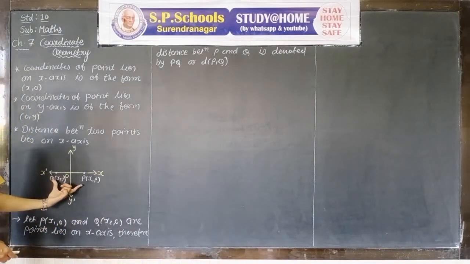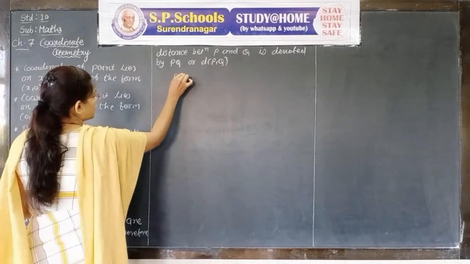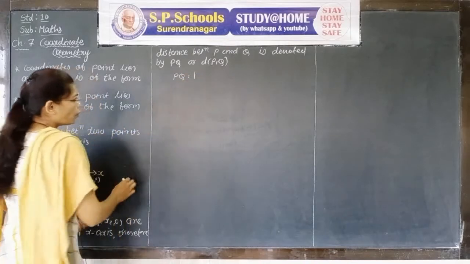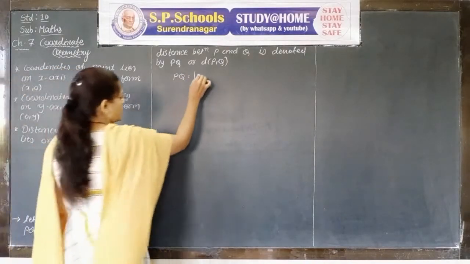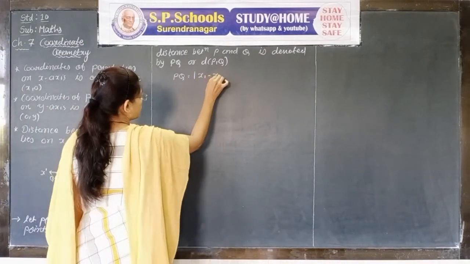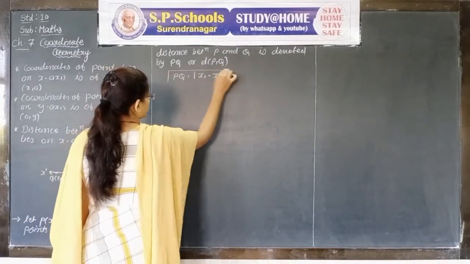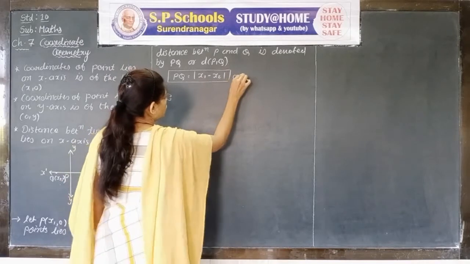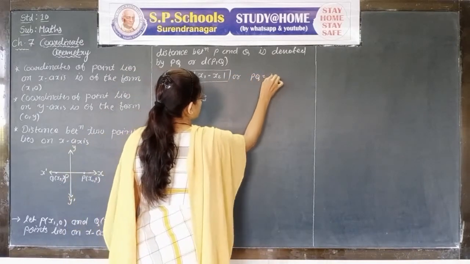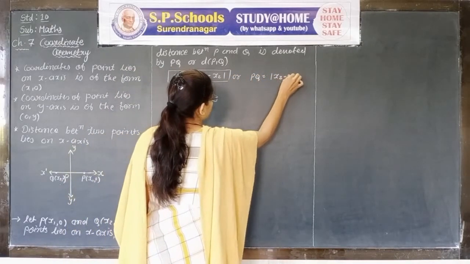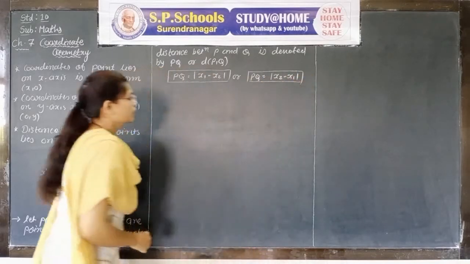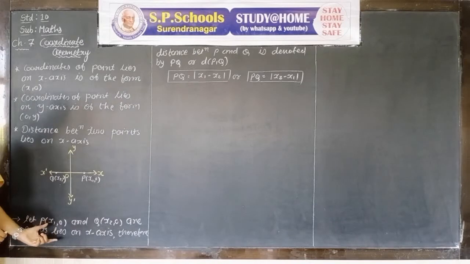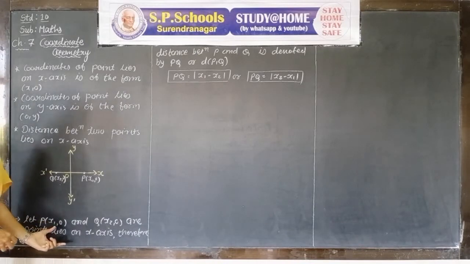The distance between these 2 points PQ is equal to the mod of the difference of the x coordinates, |x1 minus x2|. Or you can also write PQ equals |x2 minus x1|, which is also true. It is the distance between 2 points lying on the x-axis.